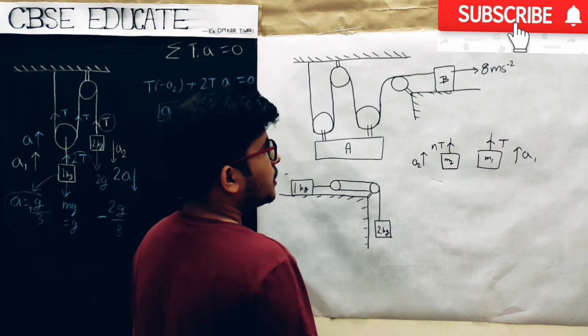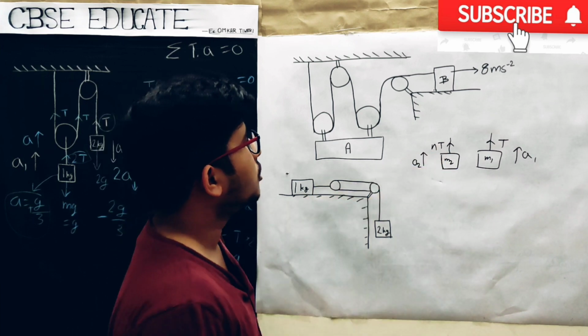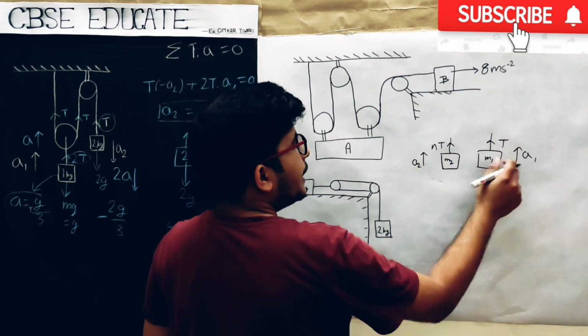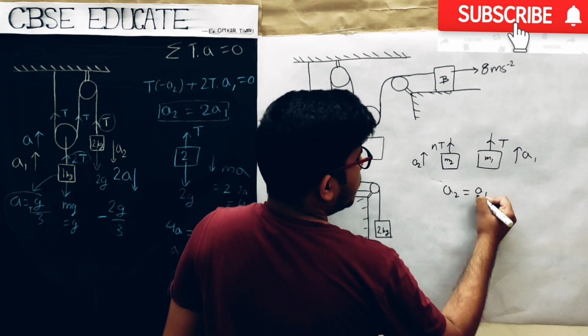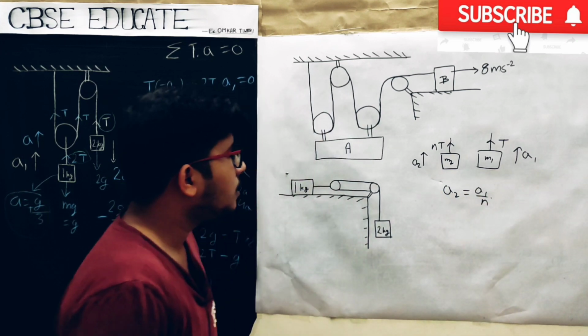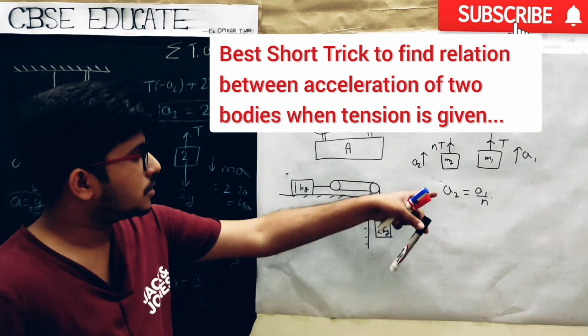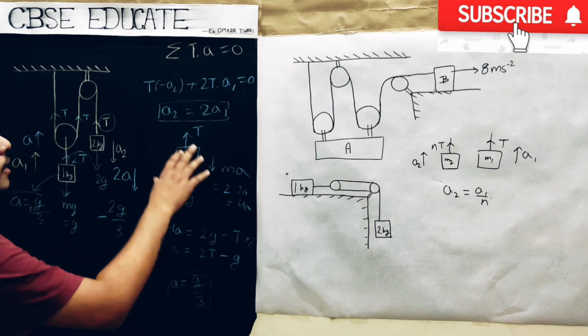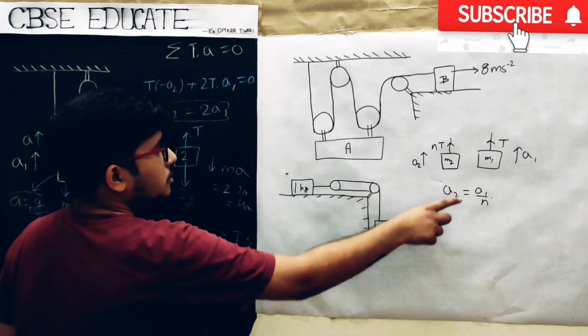Now you can see here the tension gets n times. So the relation between a2 and a1 will be a2 equals a1 by n, opposite to the tension. Remember this thing. Then you are not required to apply all such things. You can directly solve by this.